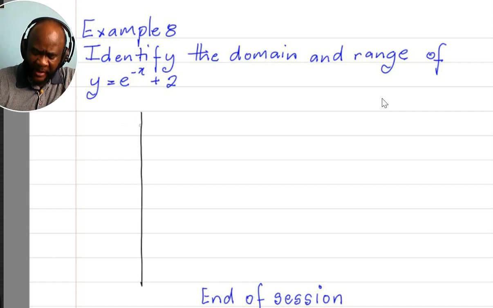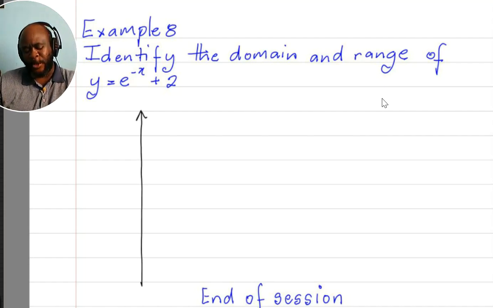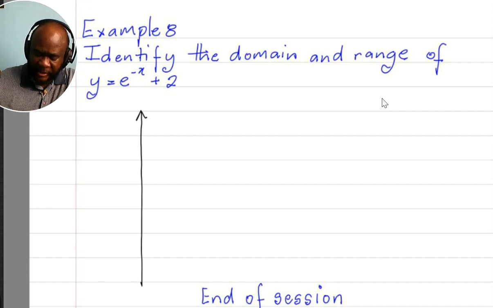Now, in the graph of y is equal to e to the minus x, the x-axis, which is y is equal to 0, is an asymptote. But for y is equal to e to the minus x plus 2, that is going to push the graph 2 units up. So therefore, the new asymptote is going to be y is equal to 2.